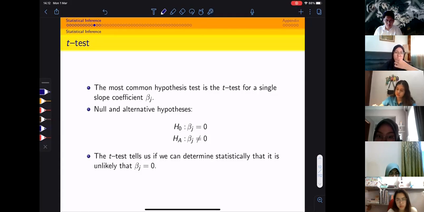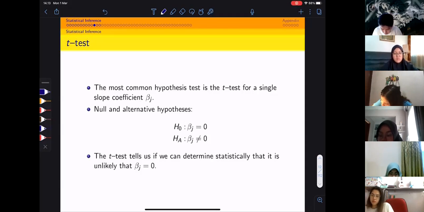Why? Because we want to know whether or not the true value of the parameter is equal to 0 or not equal to 0. It's not about the statistics. The statistic is something we use in the hypothesis testing itself, but it's not what we make the null or alternative hypothesis from. So it's a very fundamental and conceptual note. I don't want you to make the same errors as a lot of the students did in the past.